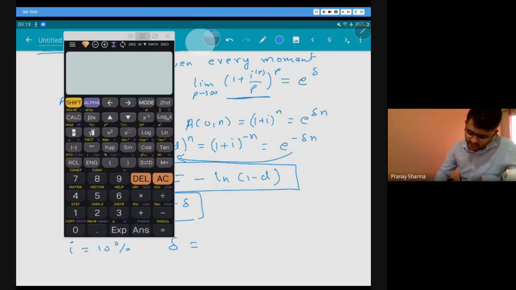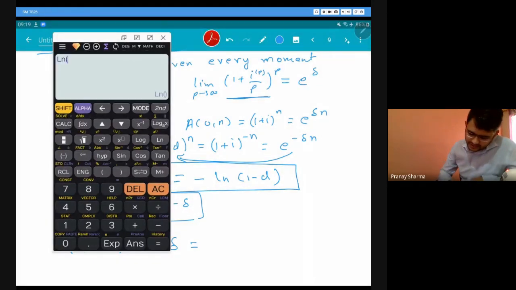It will just be ln of 1 plus 0.1, that is 1 plus i, and that becomes 0.0953, or I will write it in percentage, 9.53101%.